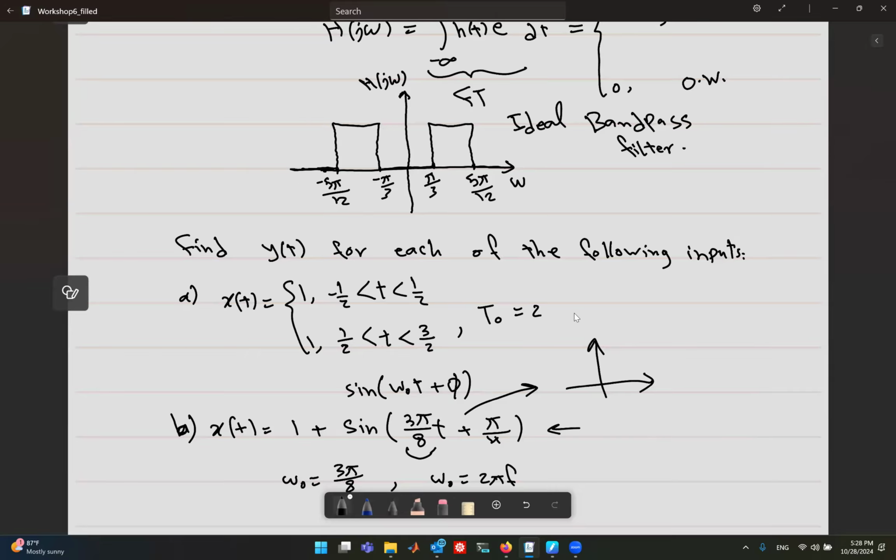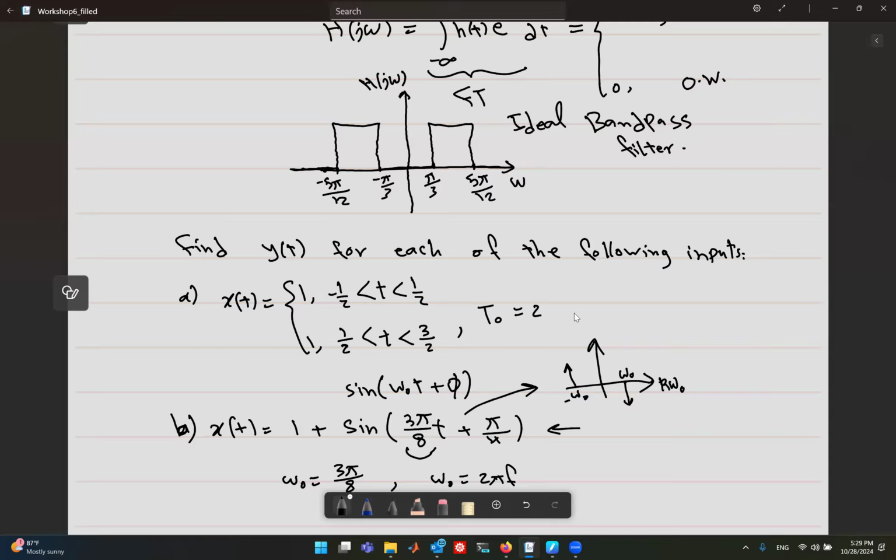What are the Fourier series coefficients of the sine? They'll be two impulses, one of them like this, one of them like this, at k omega naught, this one omega naught, and this minus omega naught.